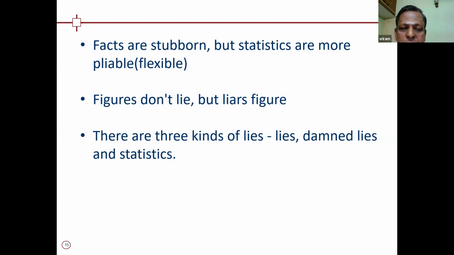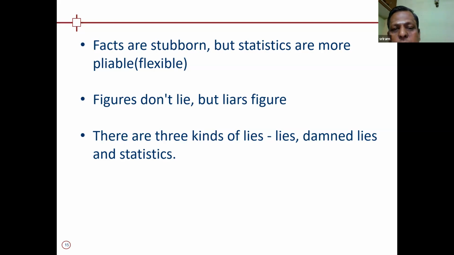So these are on the lighter side. Facts are stubborn, but statistics are more flexible. People do that, but we cannot bend the statistics. Statistics is what the data tells, that's all. You should not tweak the data to get what you want. That is also possible, but that is not ethically correct.